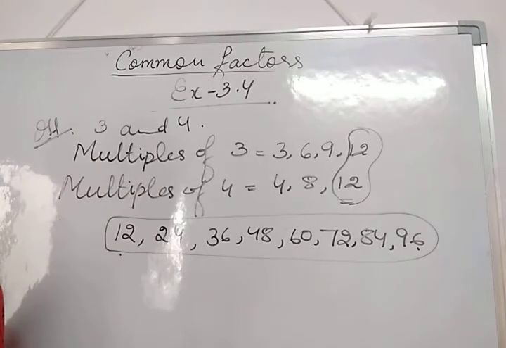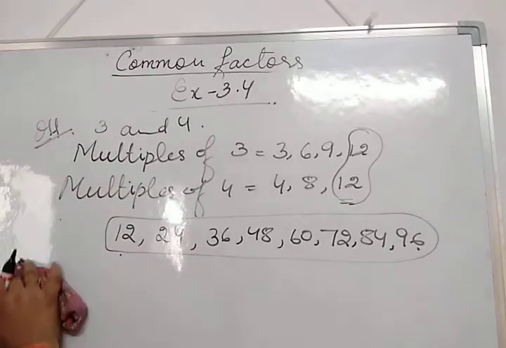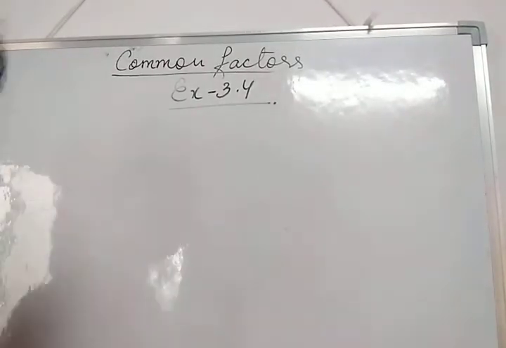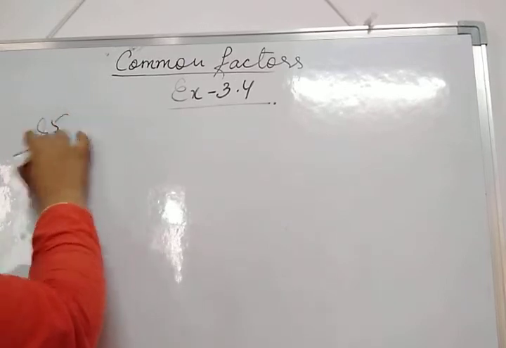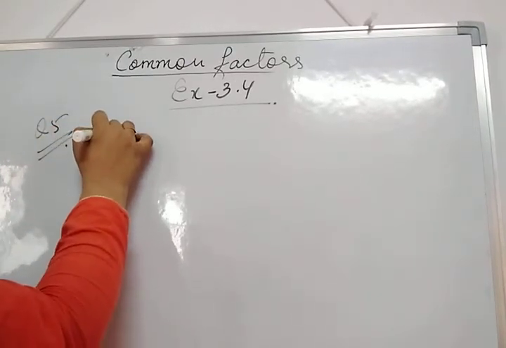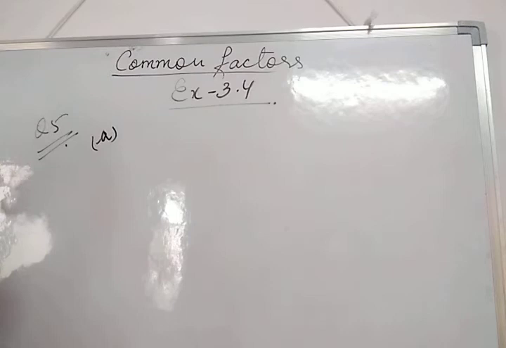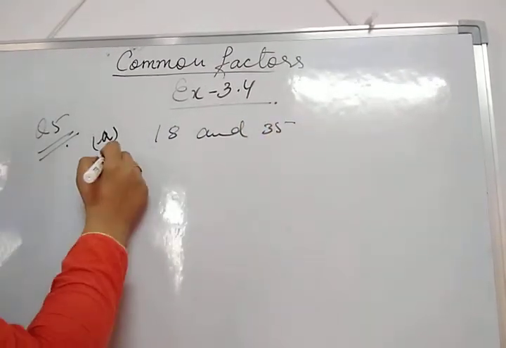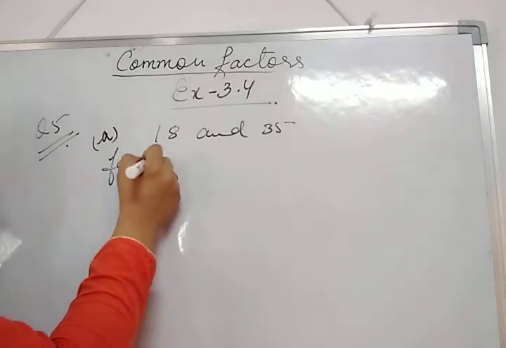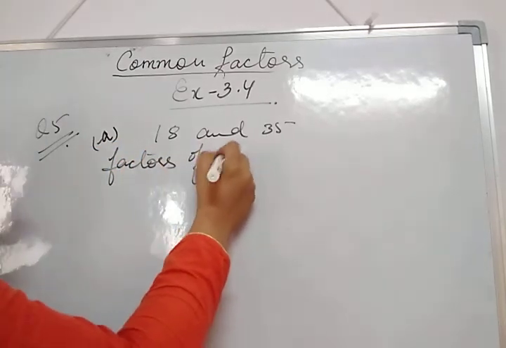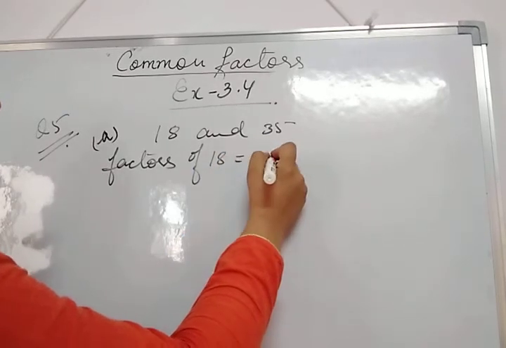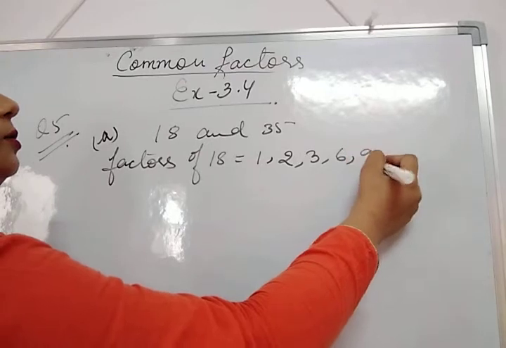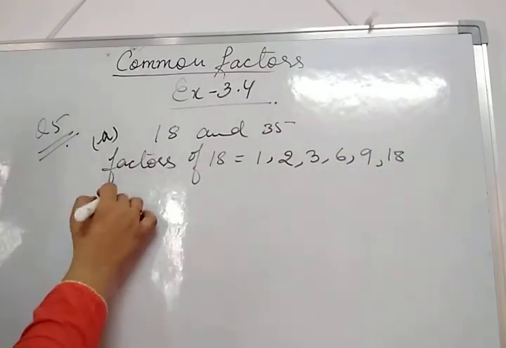Now come to the next question. Which of the following numbers are co-prime numbers? We have to choose the pair of co-prime numbers from the given numbers. 18 and 35. So first we will find out the factors of 18: 1, 2, 3, 6, 9 and 18.